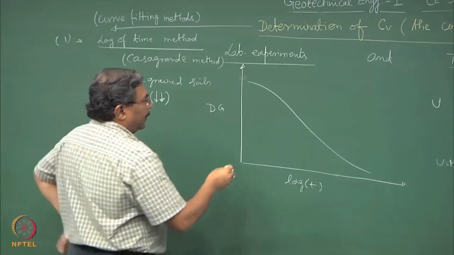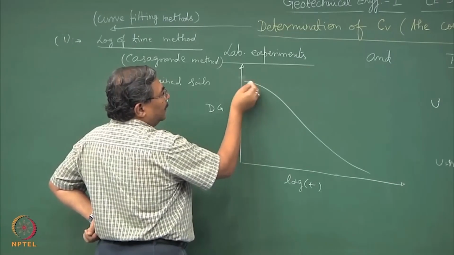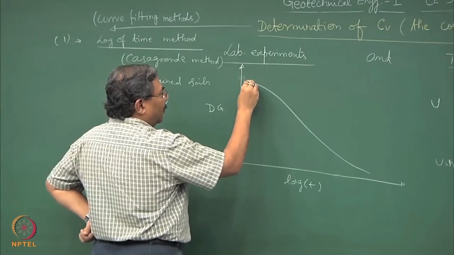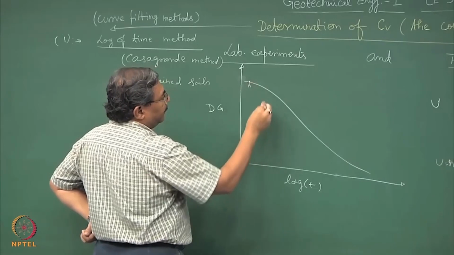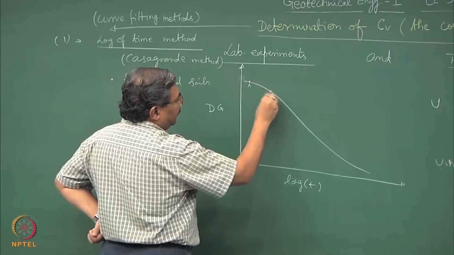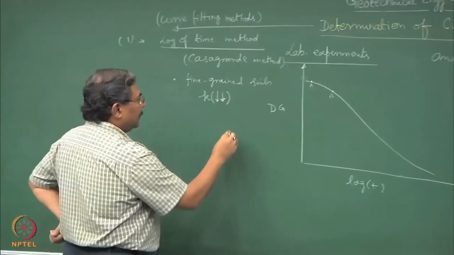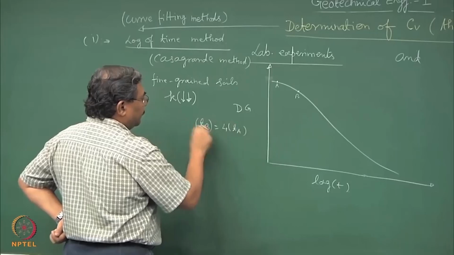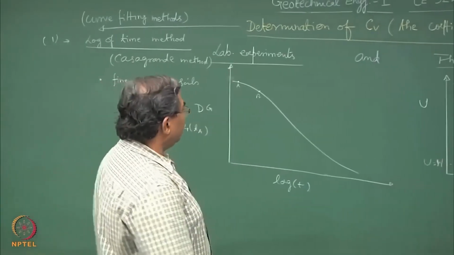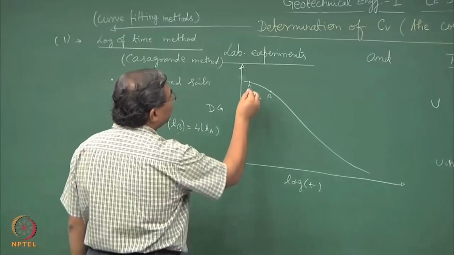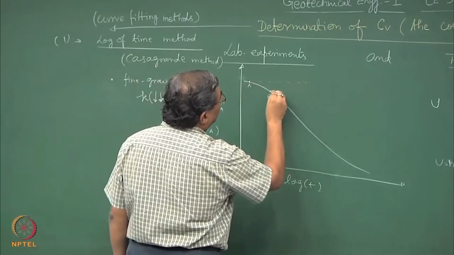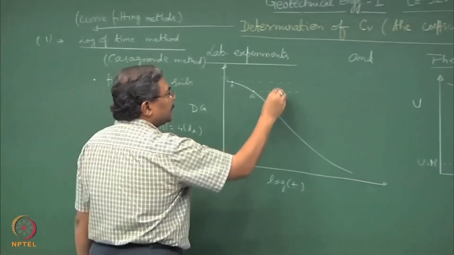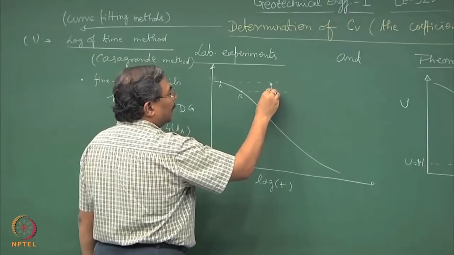See, what happens is you consider a point in such a manner on this graph, if it is A and a point B in such a manner that tB is equal to 4 times tA. All right. So, this is, let us say, x.